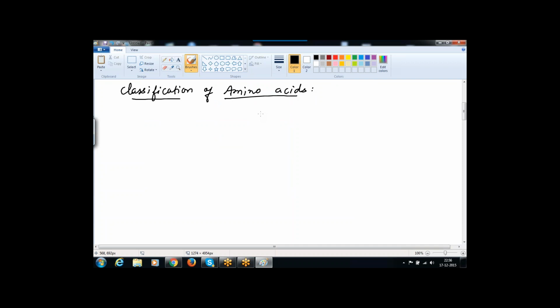One way of classification is they're classified into essential and non-essential amino acids. What do we mean by essential? They are essential in diet.